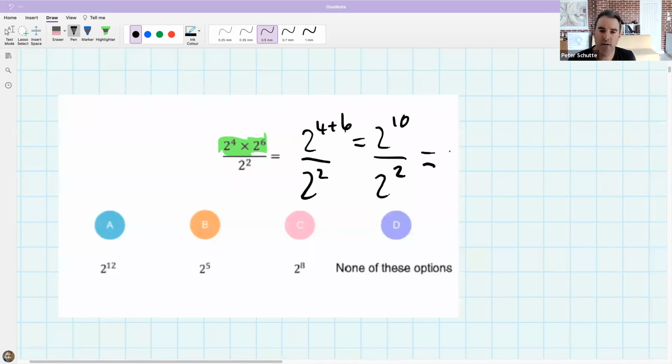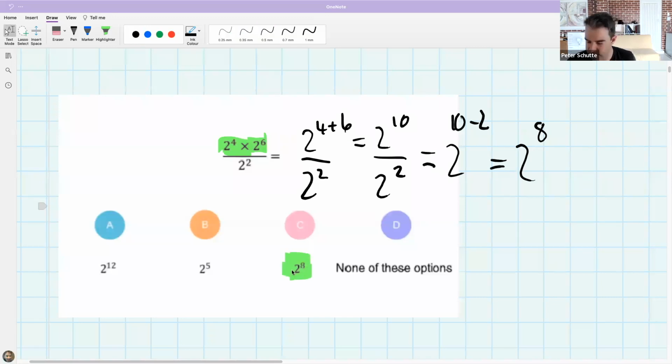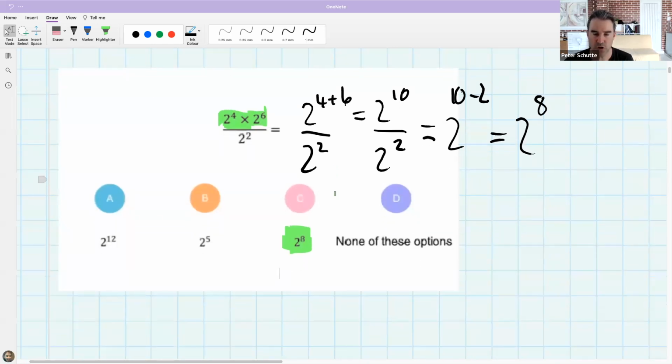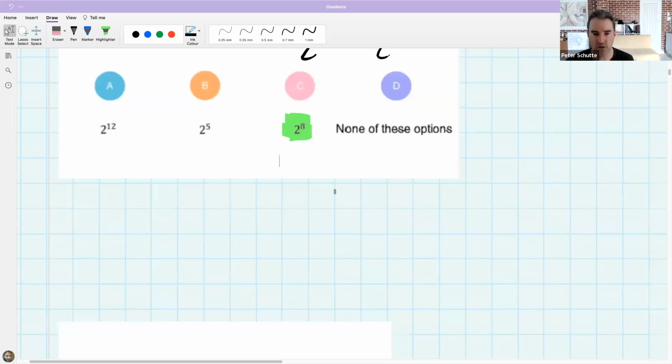And then law 2 says the bases are the same, so we subtract the powers and we get 2 to the 8. And so my answer is going to be 2 to the 8. I see many of you have given C, so that is looking good to me. Okay. So that's good. You've used 2 of the laws in one question. Let's go on to another one.